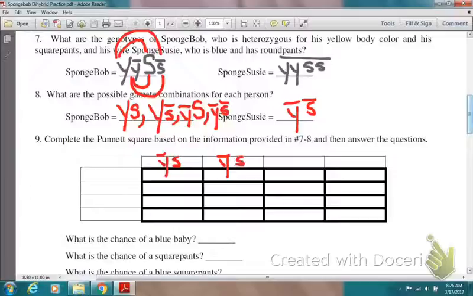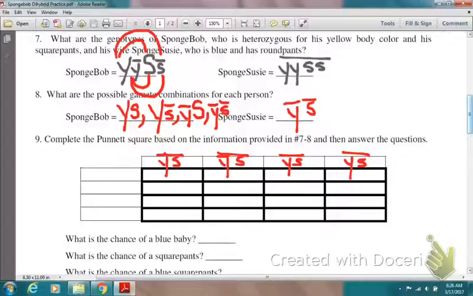In meiosis, remember you're getting half of the chromosomes you need in one cell, so we've got to combine these two to get a full set of chromosomes. So each parent's donating one.